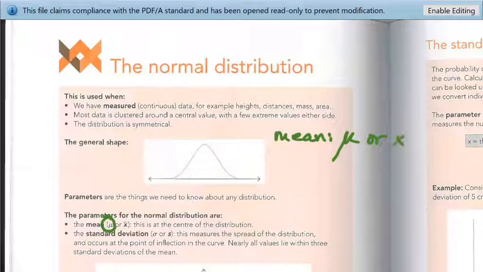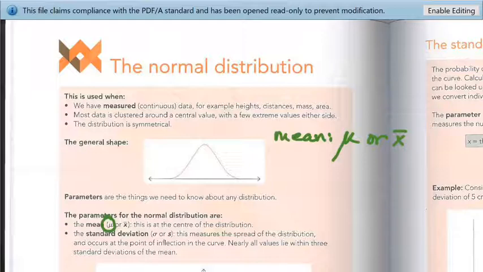Or you can also see it as X with a line over it, and that's literally read X bar. X bar is also another way of writing mean. And you're going to find out that one of them is population mean, one of them is sample mean. It's not going to make any difference to what we're doing at this particular junction. If you were taking a full-on stats class, it would make a lot of difference. But for us, not much. Either one of those symbols stands for mean.